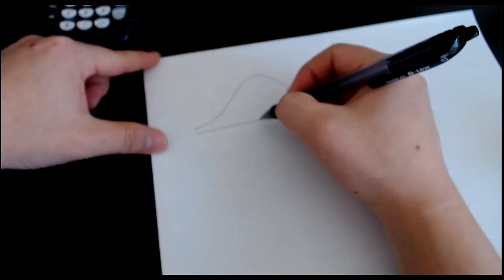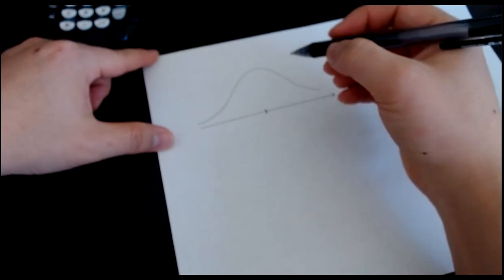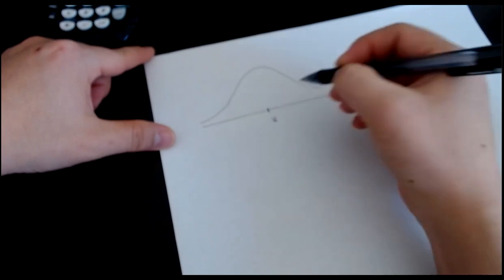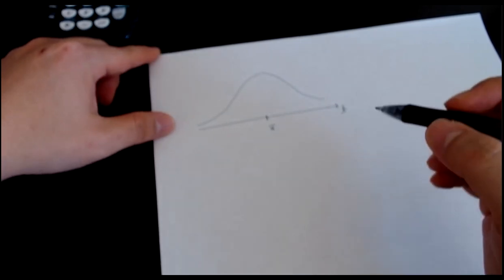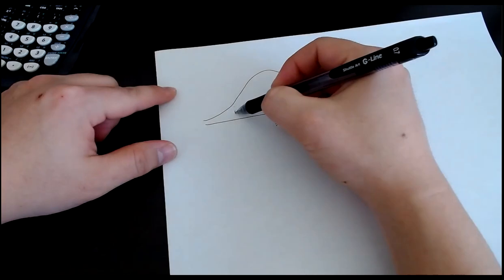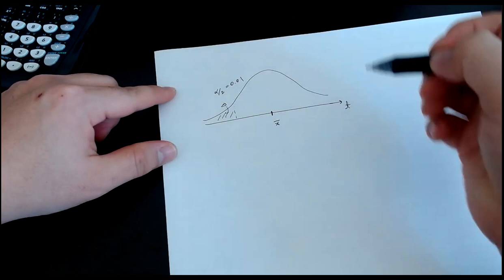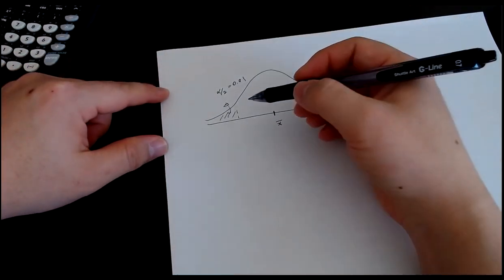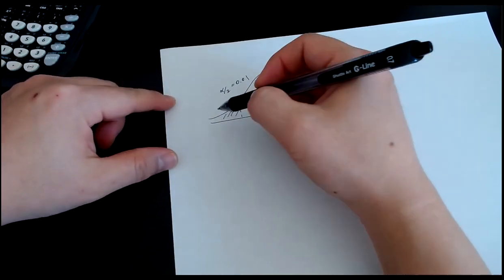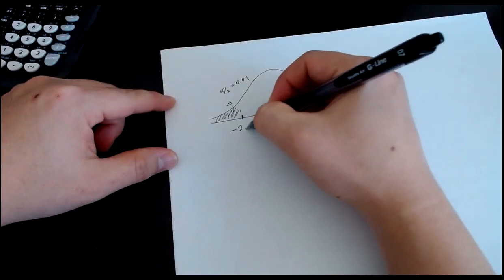Here's the mean, x bar, and this is alpha over 2, in this case 0.01, right? The calculator recognizes the area you entered as this area of the left tail, not the right tail. So we got minus 2.602, right?